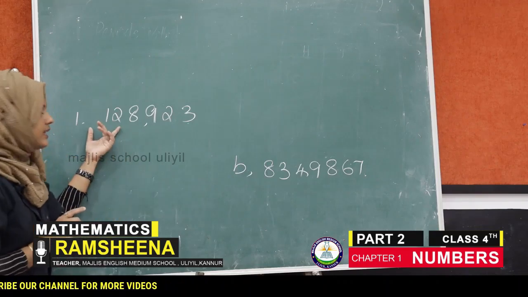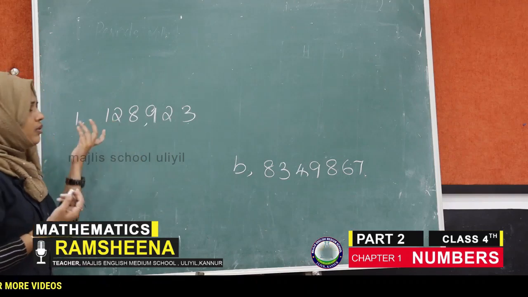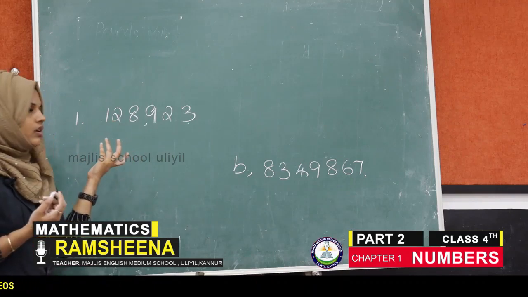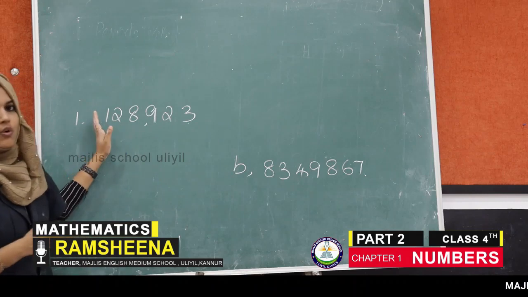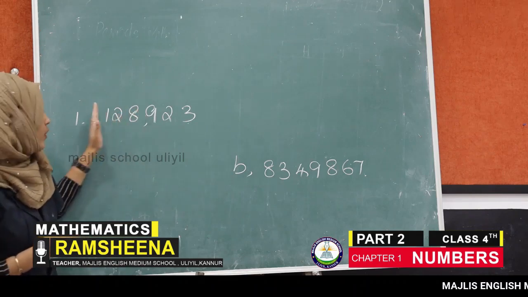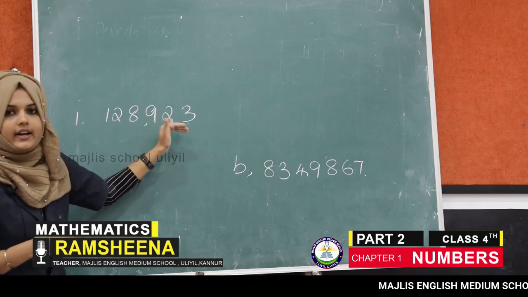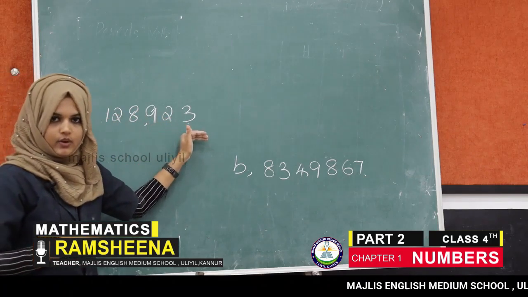Okay. Then how to read this number? Read this as 128,923. Okay.